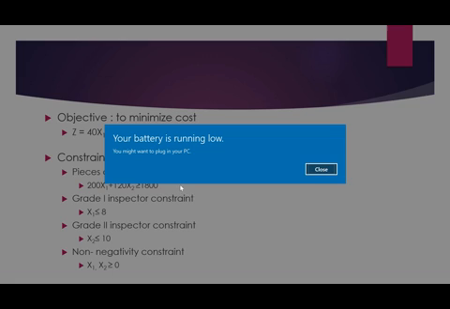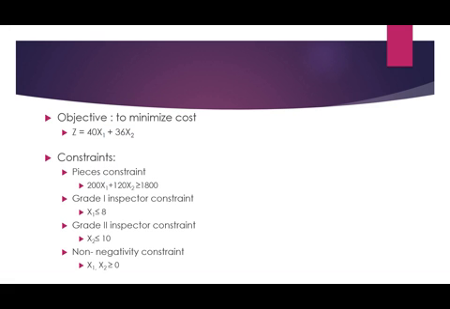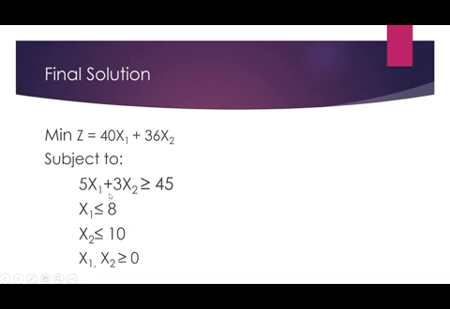How did this 200x1 and 120x2 and 1800 become 5x1 plus 3x2 greater than or equal to 45? I have just simplified it, right? Divided it by a common factor. So we get 5x1 plus 3x2 greater than or equal to 45, x1 less than or equal to 8, x2 less than or equal to 10, x1, x2 greater than or equal to 0.